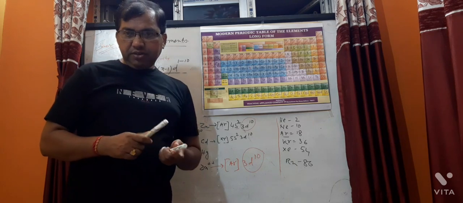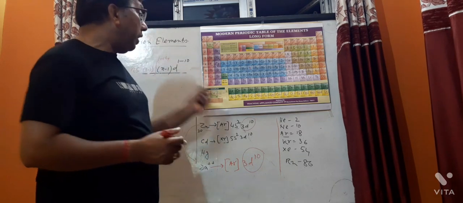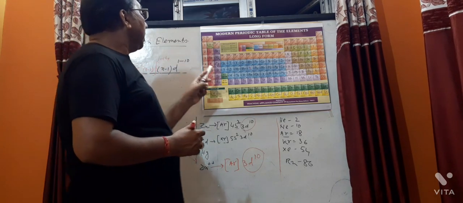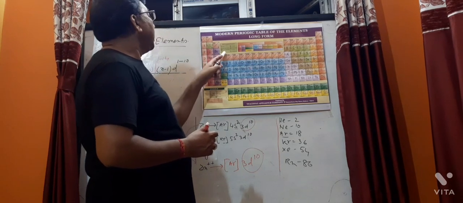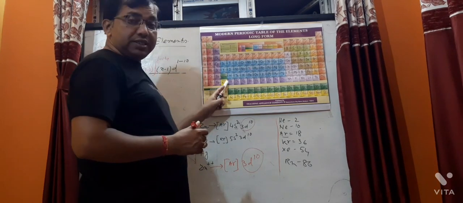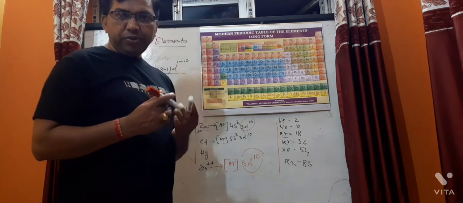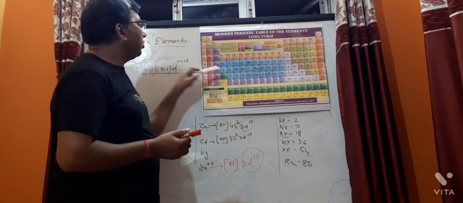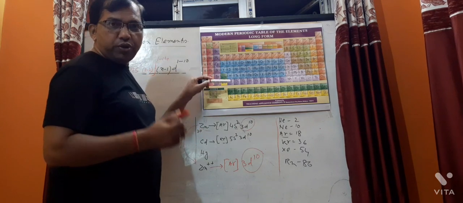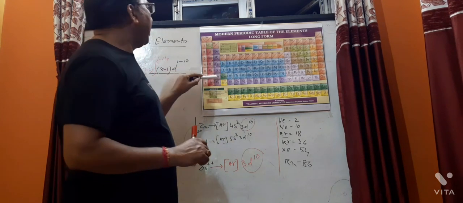In this configuration, third group elements, all are inner transition elements. Yes, very good. Third group elements in the sixth period and seventh period, these two periods are inner transition elements.